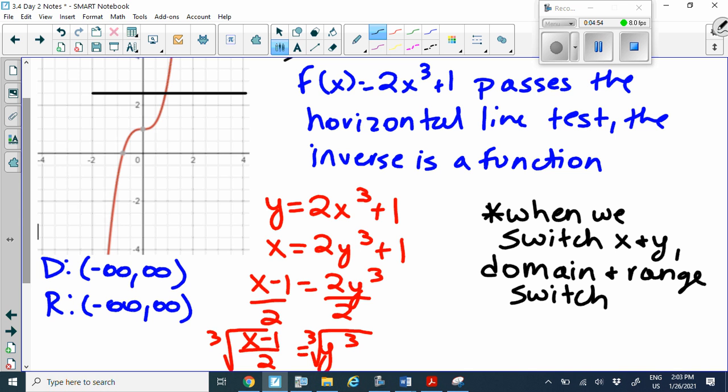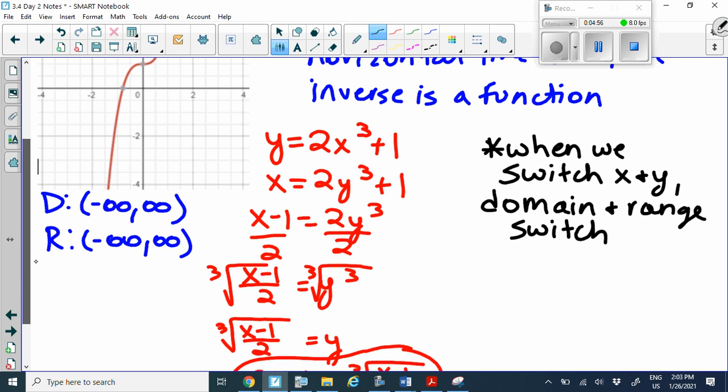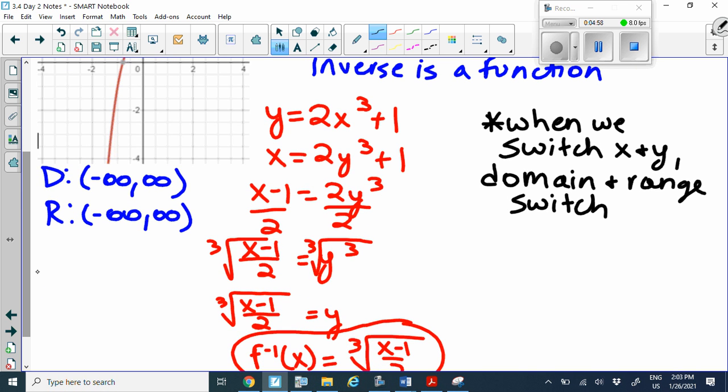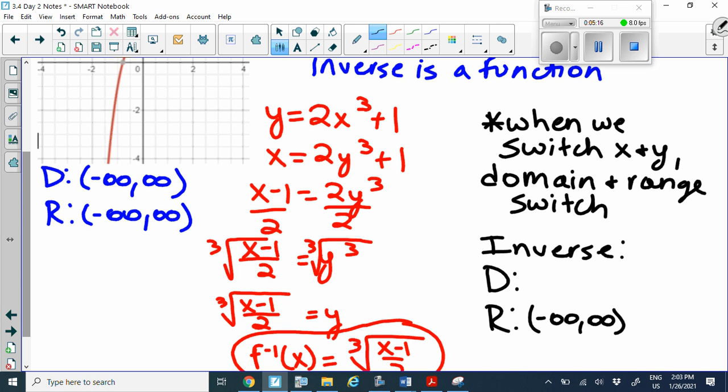Whatever the domain was on the original function, that's going to be the range of our inverse. So since the domain on our original was negative infinity to positive infinity, the range on our inverse is going to be negative infinity to positive infinity. And since the range on our original was negative infinity to positive infinity, that means our domain is going to be the same.